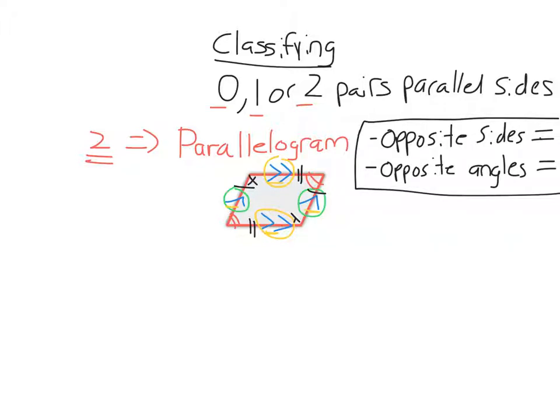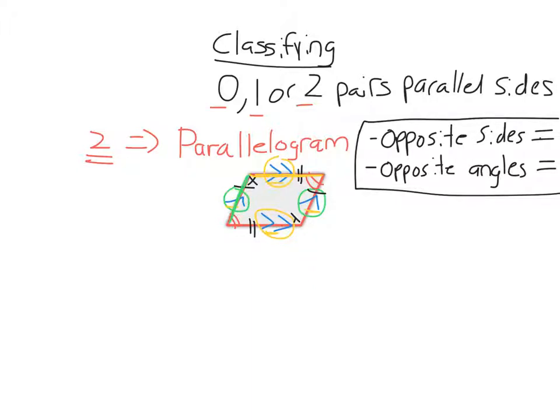Okay, so what about these other special parallelograms? Well, I said that opposite sides are equal in a parallelogram, but that doesn't mean all 4 sides are equal to each other. In a normal parallelogram, this side here might not be equal to this side here. Sometimes they are, sometimes they aren't.